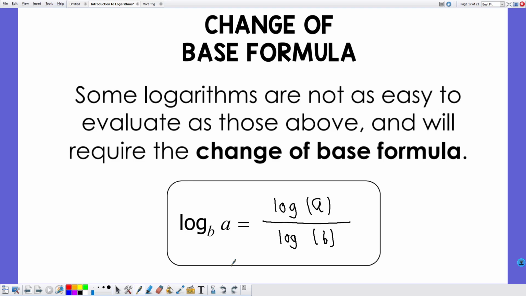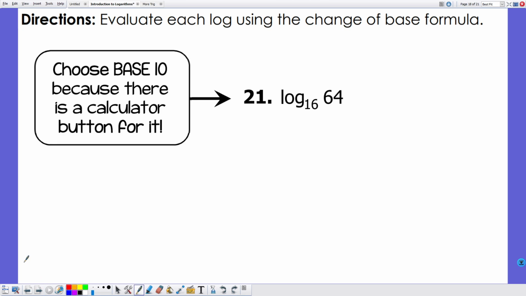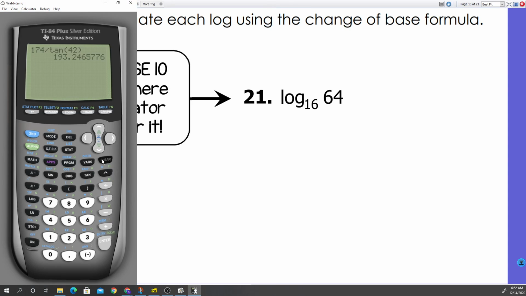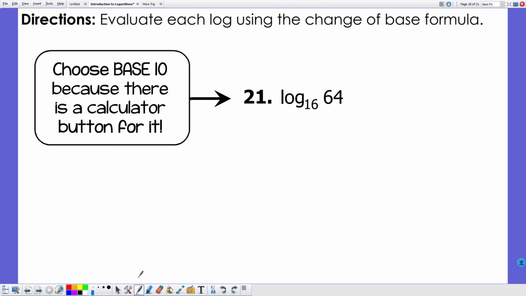This is a nice way of doing it because it's real easy to work with base 10. It's really pretty easy, and we're about to see why. So, evaluate each log using the change of base formula, and let's bring up the calculator, because I should show you the way to do it in the calculator.